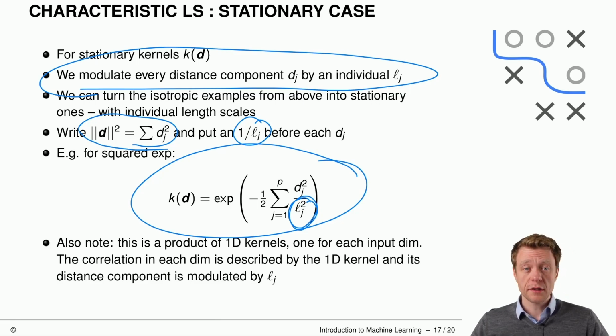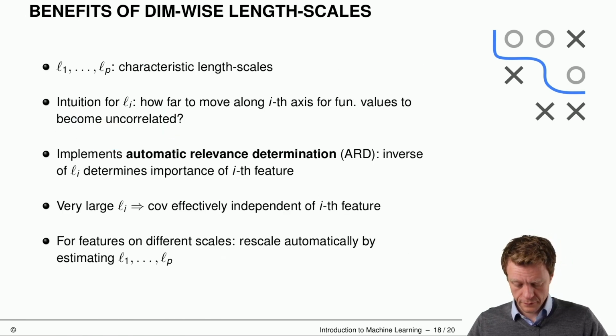Okay, this is then the product of 1D kernels, one for each input dimension, and the correlation in each dimension is described by these 1D kernels, and its distance component is modulated by this Lj. Why is this maybe a good idea?